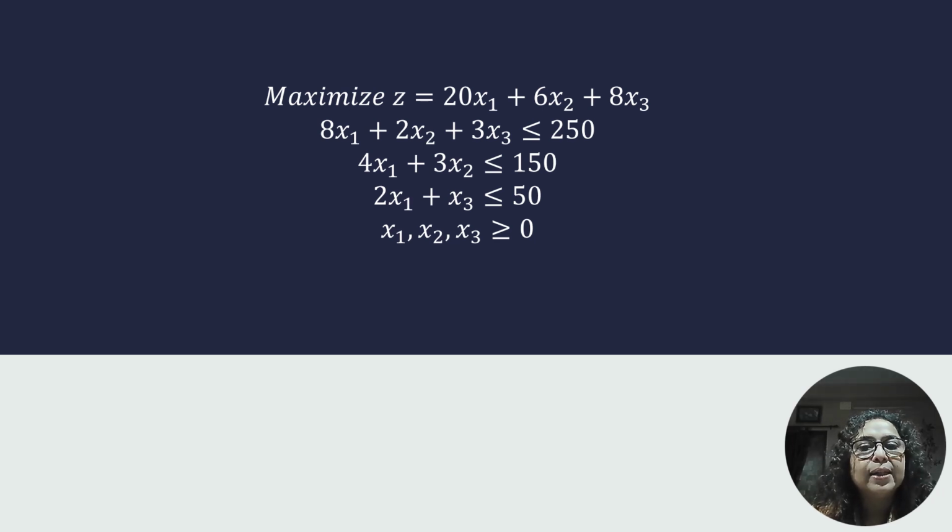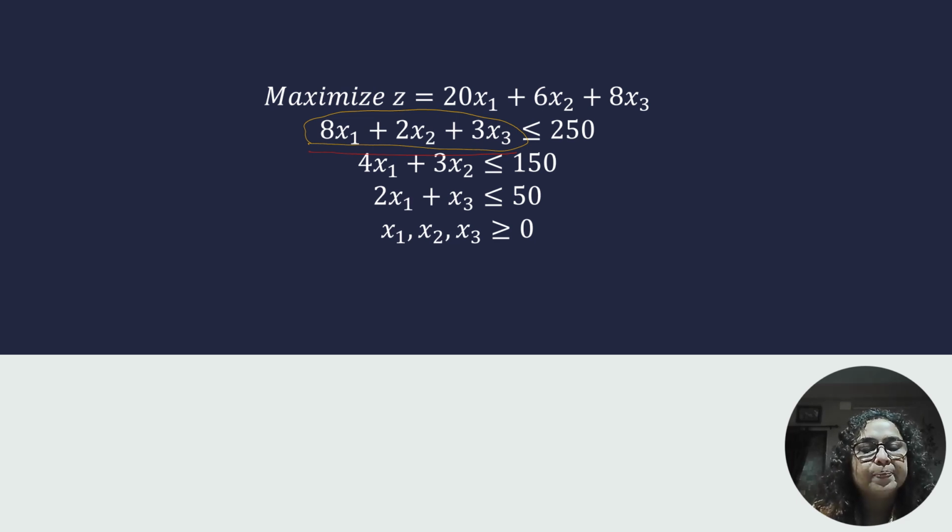We can see that this left hand side, since this is an inequality, the inequality says that this left hand side is less than or equal to 250. Now, suppose this left hand side is less than 250 by some amount S1.